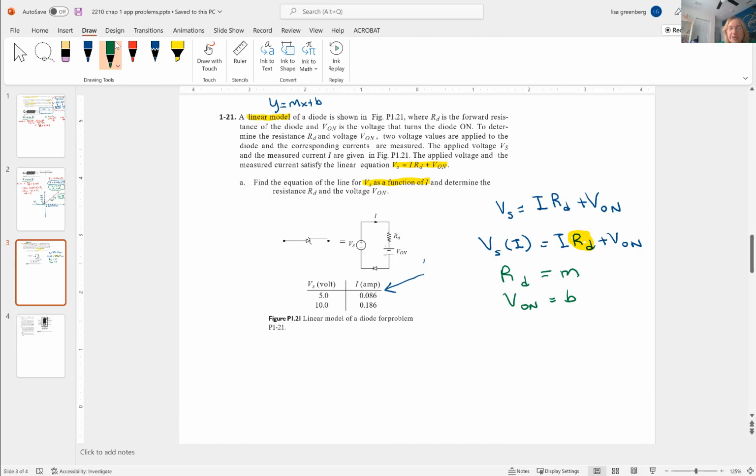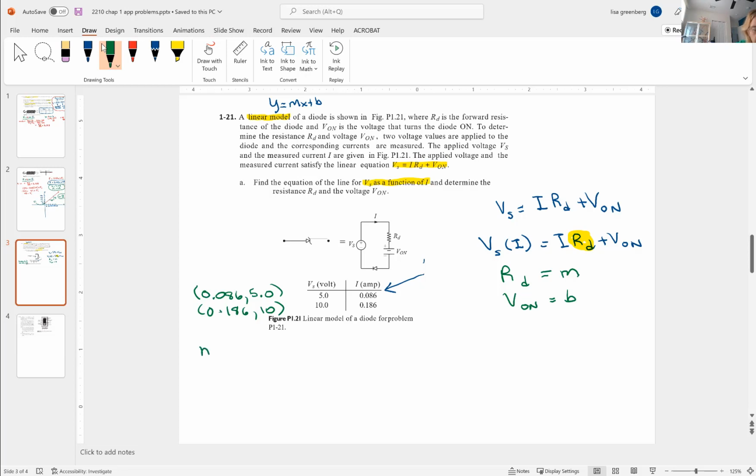So again, what do we do first? Well, first we look at we have two values. We have two ordered pairs, 0.086, comma 5.0, and 0.186, comma 10. So if I have two points, I can find the slope.